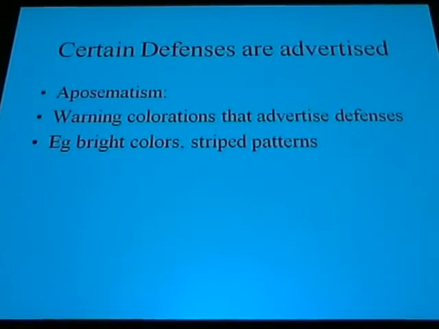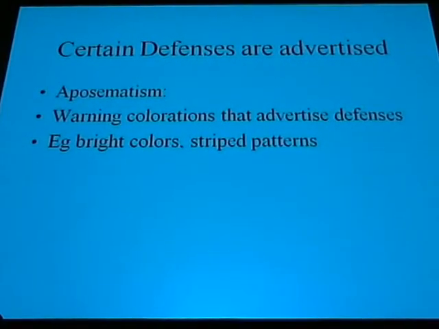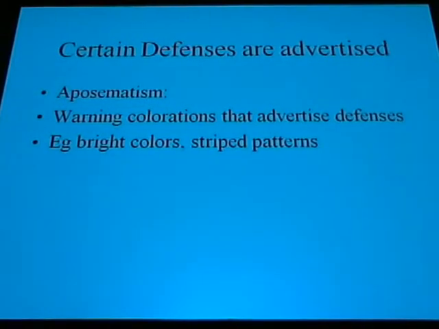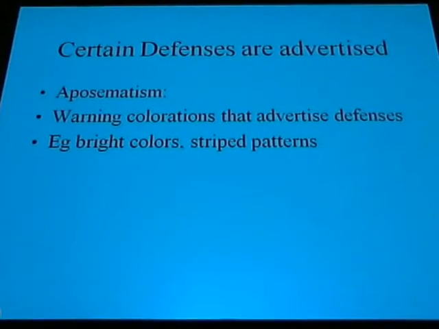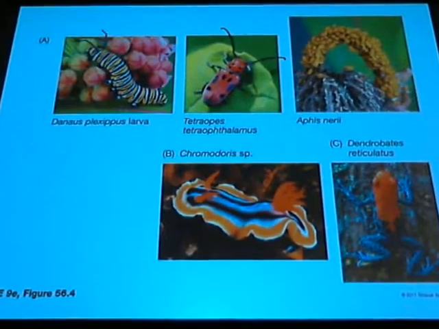So what are they like? Bright colors or distinct stripe patterns that stand out? Anything that stands out from the background is a form of aposematic coloration. Warning coloration. So here are some examples of aposematic coloration. All of these things are very distinct.